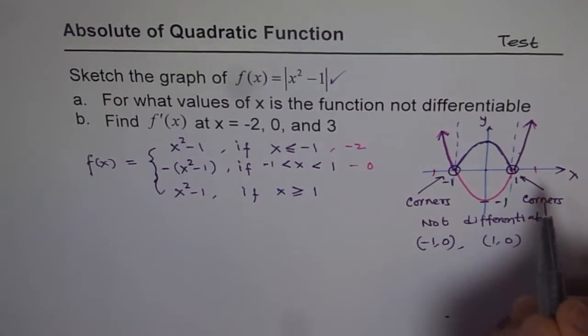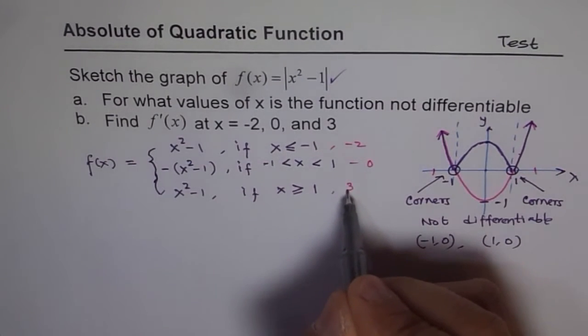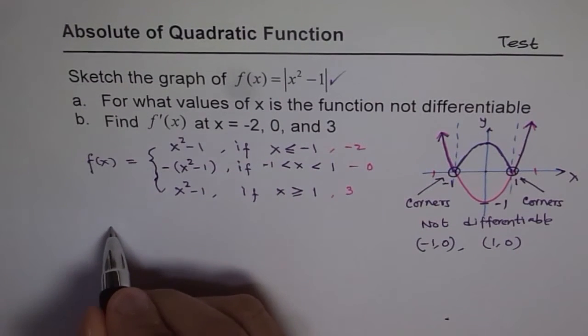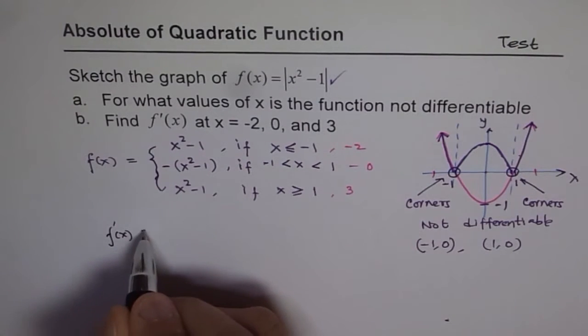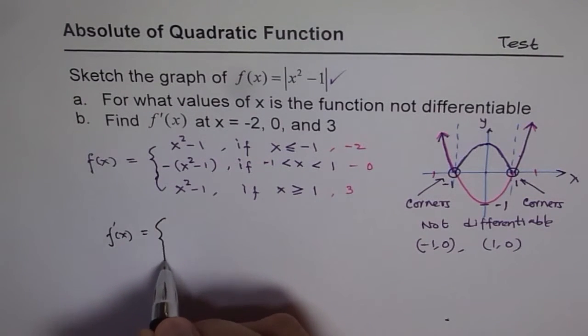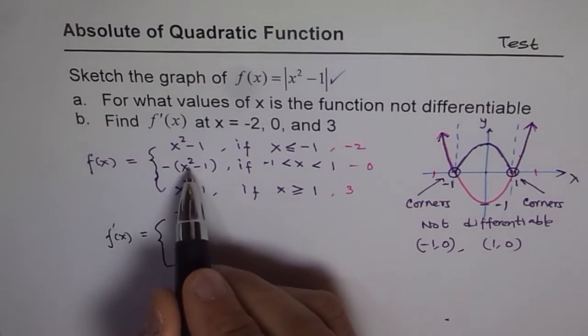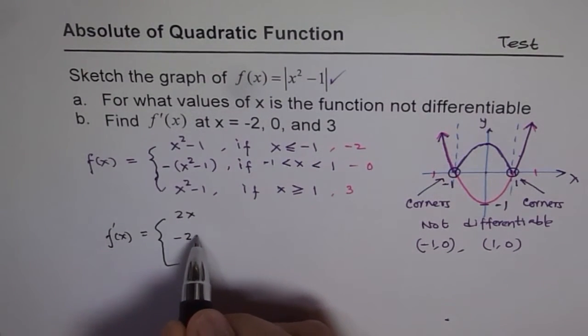And the third one is plus 3, so we'll use 3 here, right? So we have to differentiate all the things, correct? So I'll differentiate all three portions and write f dash x now. Derivative of this is 2x. Derivative of this is minus 2x, correct?